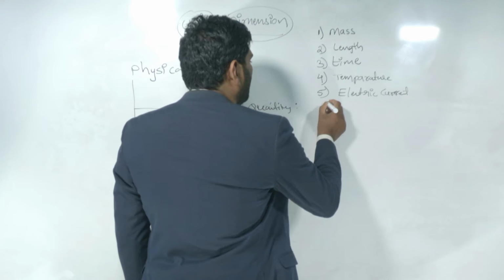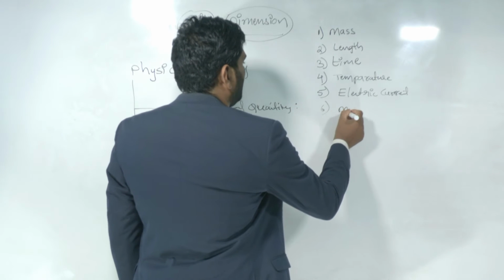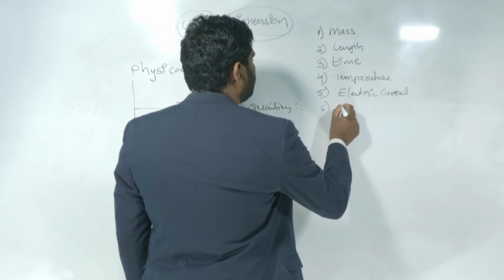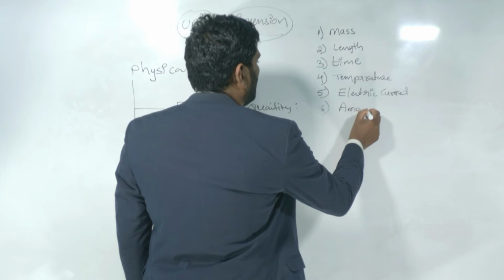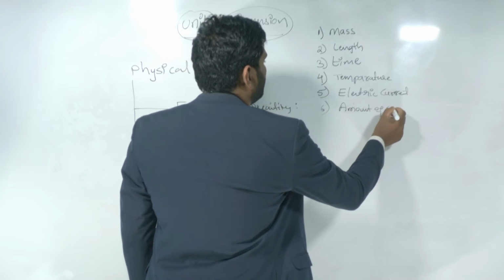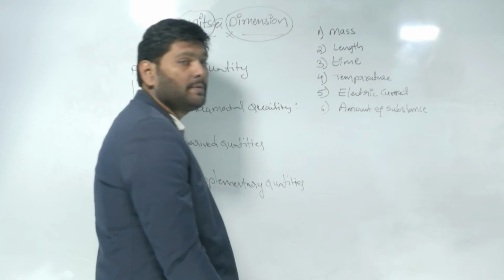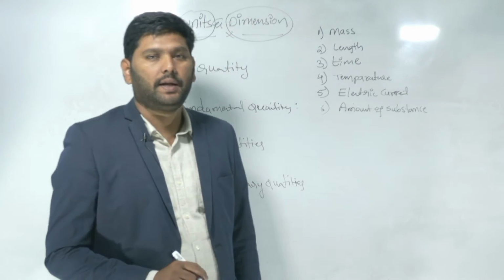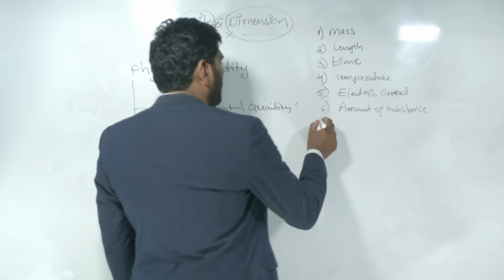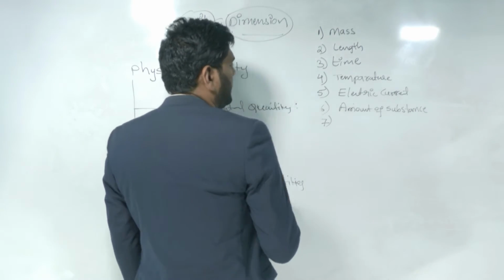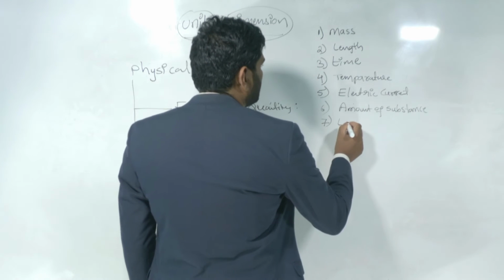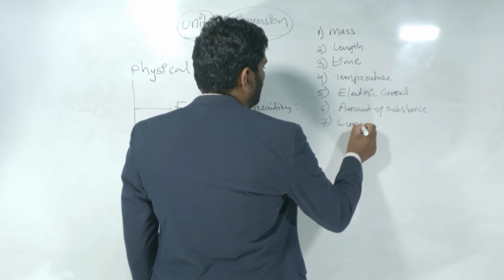And the sixth one, most important, is amount of substance. Amount of substance is also a physical quantity. And the seventh one is luminous intensity.